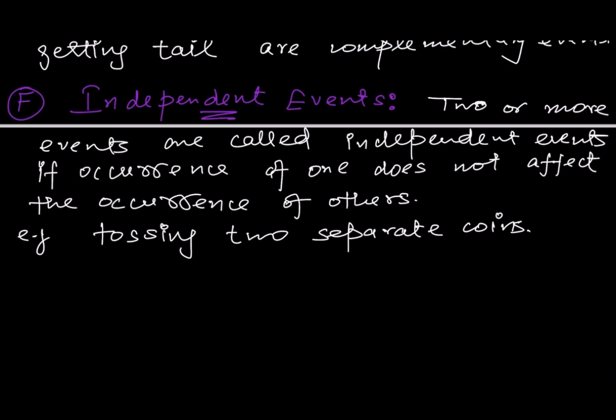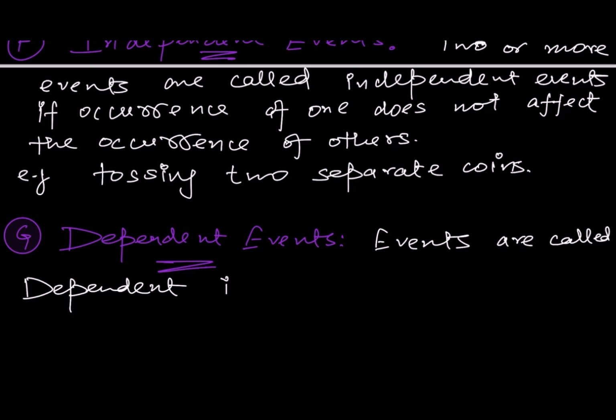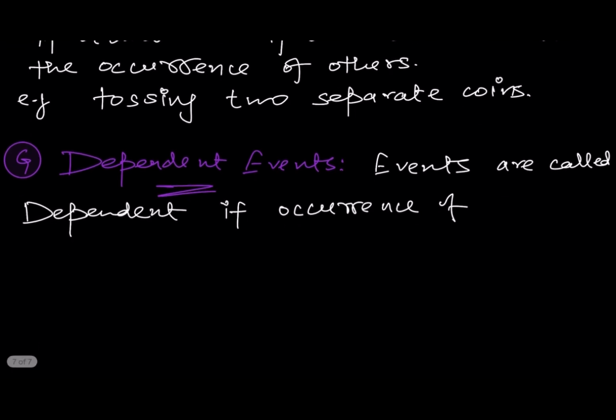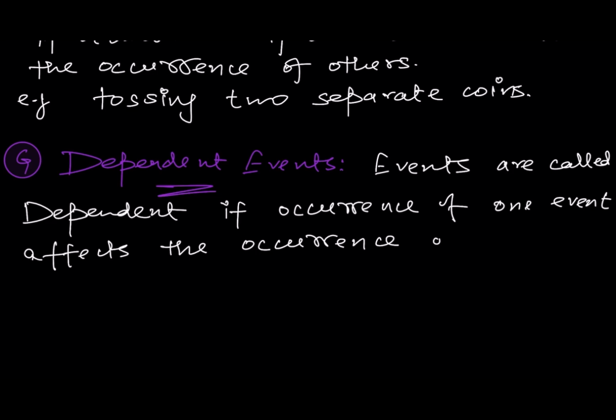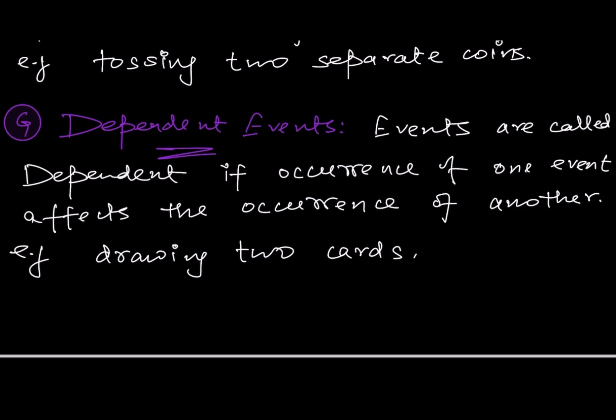And next, let us come to type number 7, which is dependent events. In this we will write events are called dependent if occurrence of one event affects the occurrence of another. For example, drawing two cards one after the other without replacement.